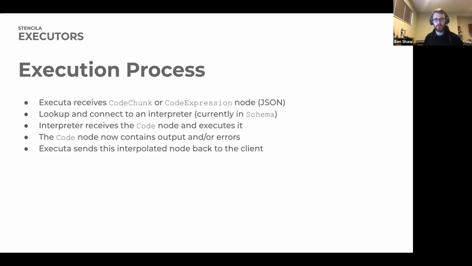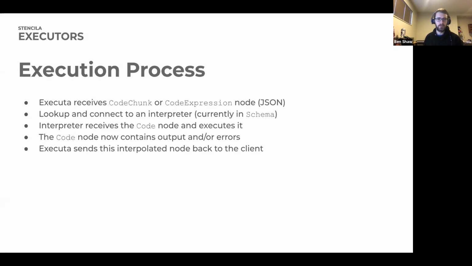Those interpreters exist currently in our schema project, and we've had those for a little while now, and you can take an executable document in JSON format and run it through an interpreter, and it'll run it. But it's quite a manual process, and you need to use an entire document. So this is pulling out some of that work so that you can execute just code chunks.